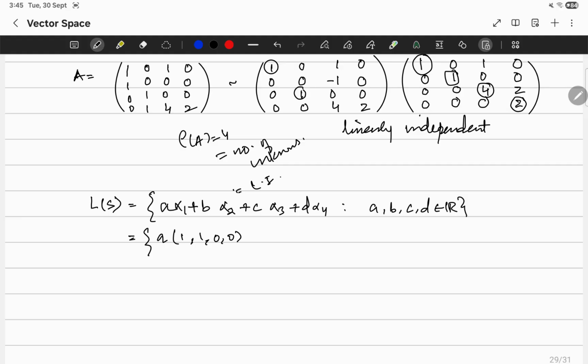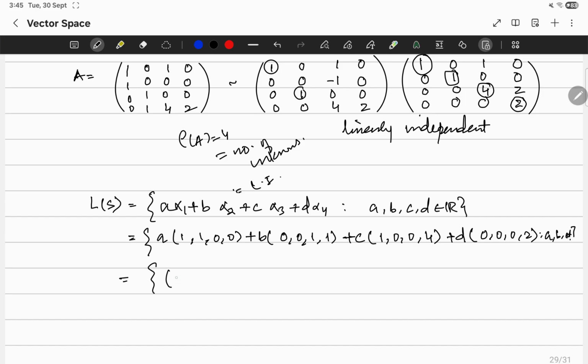Second is plus b, your alpha 2 is 0 0 1 1, and your alpha 3 is 1 0 0 4, and your alpha 4 is 0 0 0 2. Okay, so these a, b, c, d are the real numbers. So what will you get?